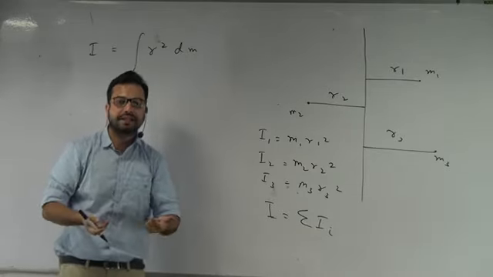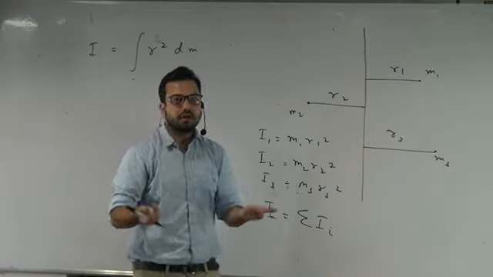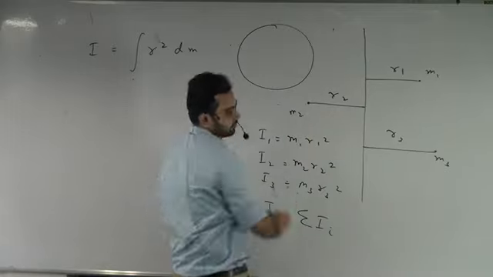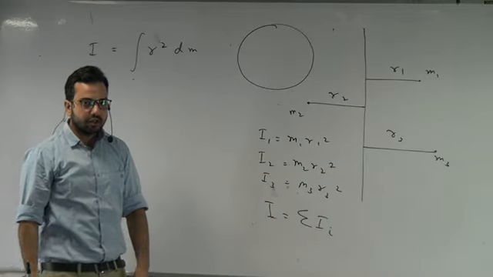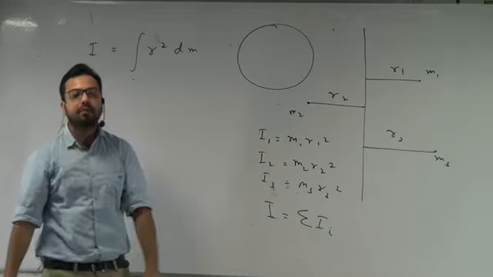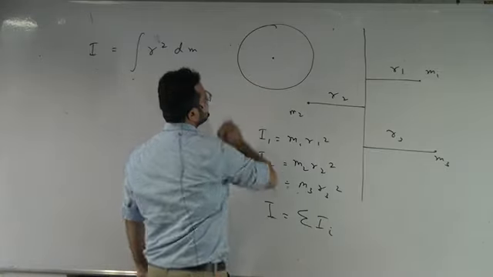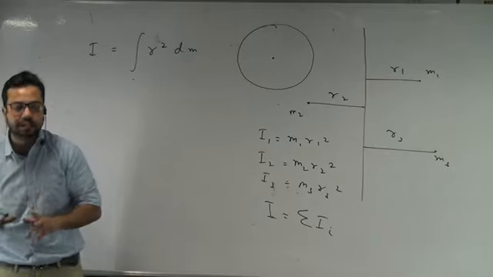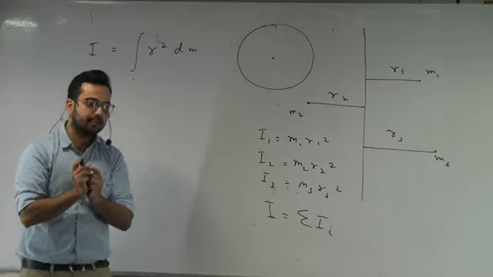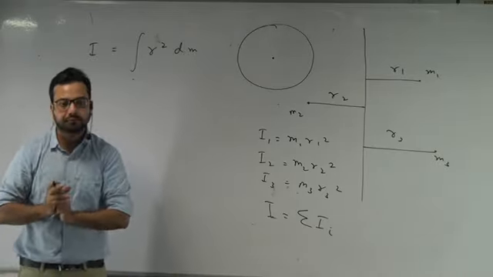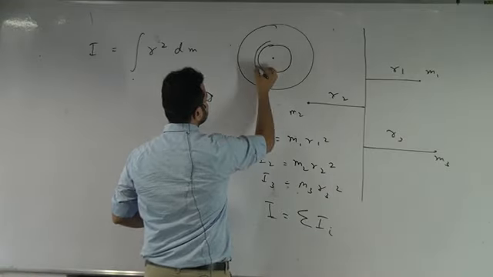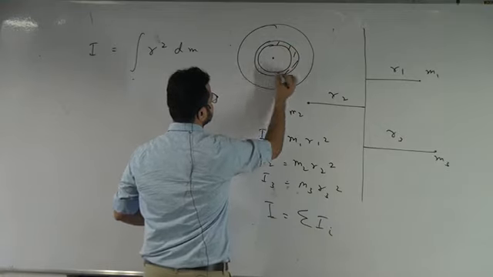For example, let's say we are trying to break up a disk. Let's say I'm asking you to find the moment of inertia about this axis. If I have to break this disk into smaller shapes, what should I break it into? Rings, exactly. So we can break this up into smaller rings.